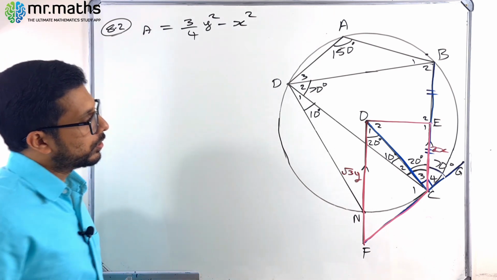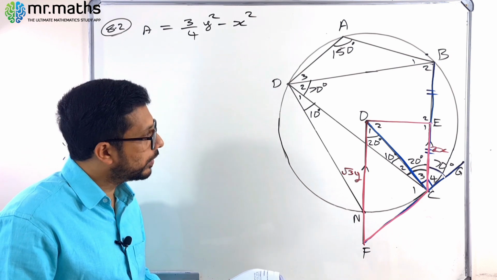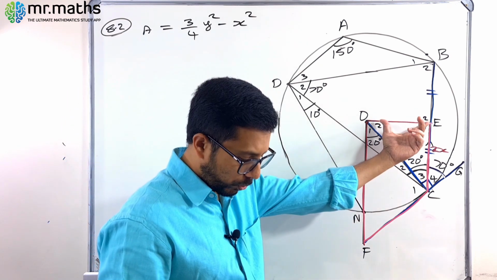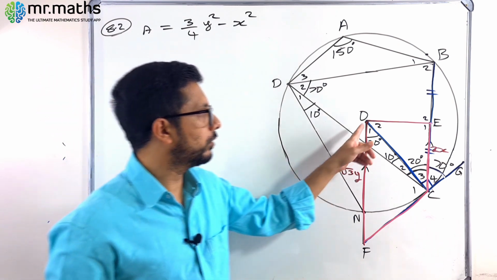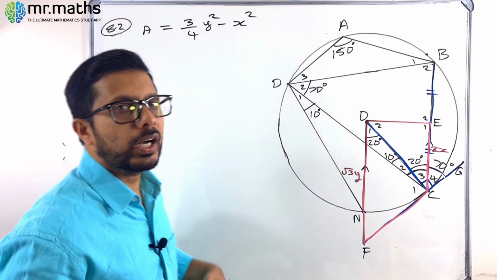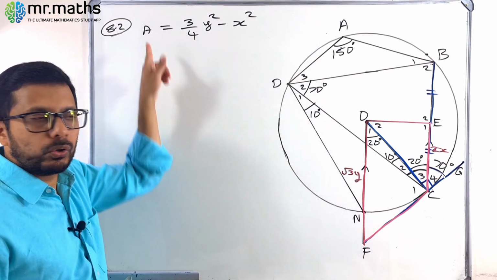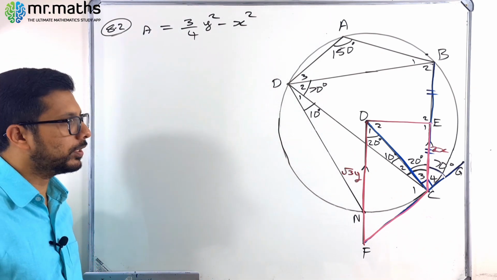Okay. So now what you have to find? Determine the length of OE. You have to find the length of this OE in terms of x and y. So what is given? The area of that OECF. Can you identify what is the shape of that OECF?